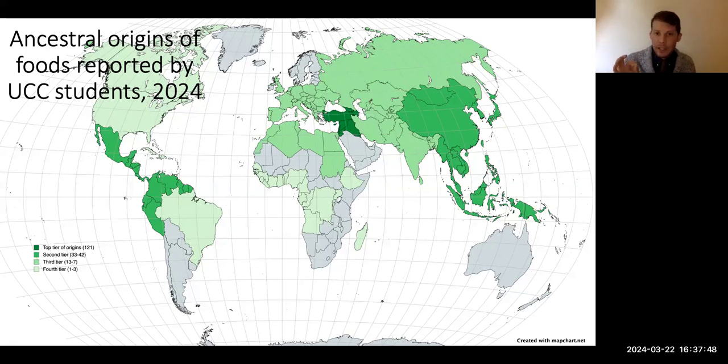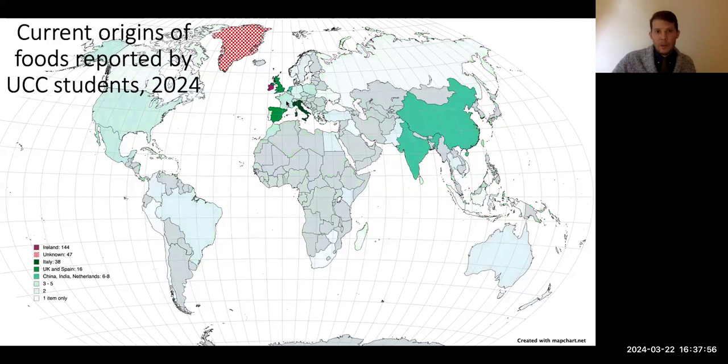Now, when people were actually eating specific things, where did those things come from? This paints, I think, a pretty fascinating picture. And what emerges here is what I have indicated as Greenland, but this is what I've called unknown. Now, we should note that as with our first map of the actual origins of food in Dublin Castle in the 16th century, where it was almost exclusively Ireland itself, here Ireland is a smaller proportion, but still overwhelmingly the largest. 144 instances of food being described as coming from Ireland.